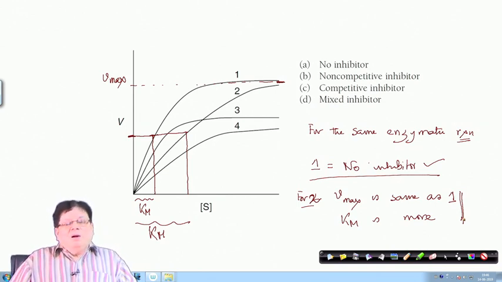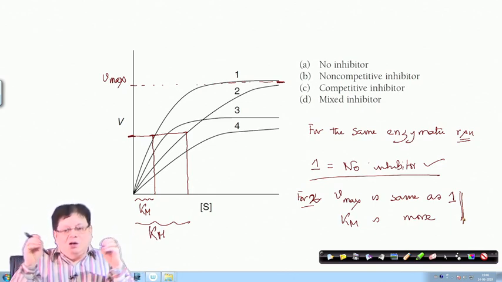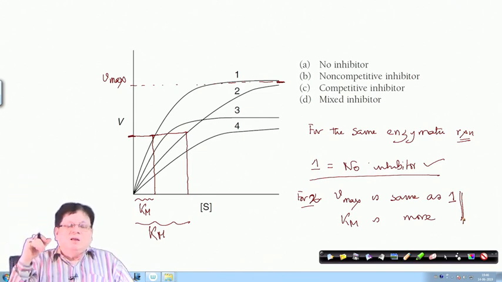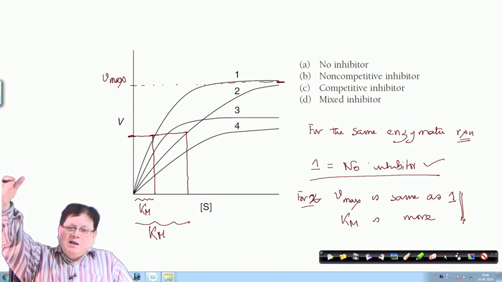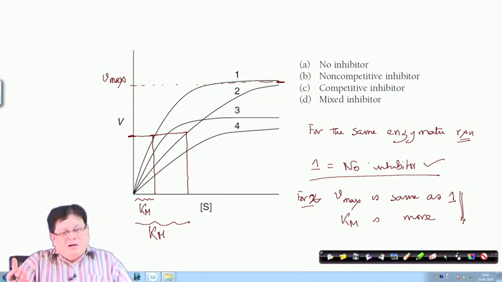Now you see in which type of inhibitors Vmax remains the same, but Km is more. Remember what competitive inhibition is: both the substrate and the inhibitor go for the same active site. If you make the substrate concentration very large compared to the inhibitor, then ultimately the inhibitor becomes insignificant. So, you reach almost the same Vmax as if there is no inhibitor.